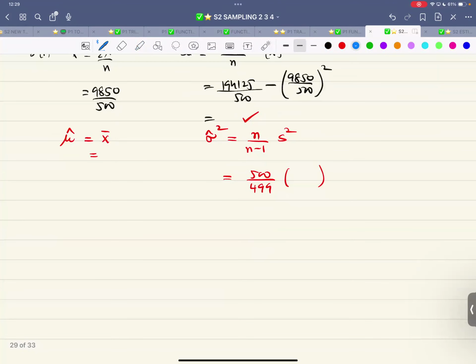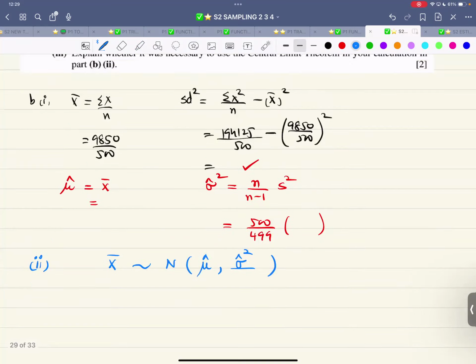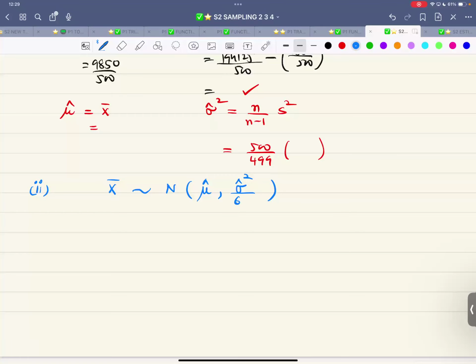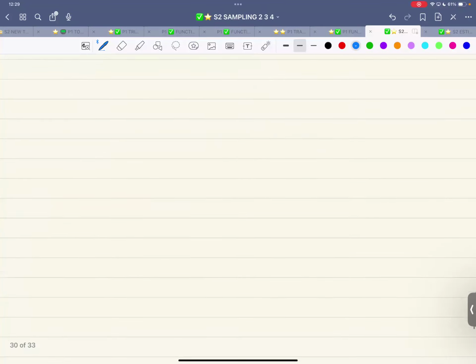The special thing here is that we write X bar follows a normal distribution. So we are using the unbiased estimate of the population mean, and the unbiased estimate of population variance divided by 60, and then you would carry out this calculation.